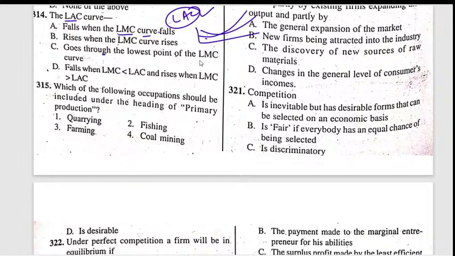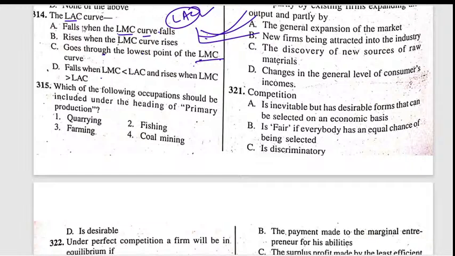It goes through the lowest point of the LMC curve, meaning the long run average cost goes through the lowest point of the marginal cost curve. So it is also correct. How many options are correct in this question? False when LMC is less than LAC.